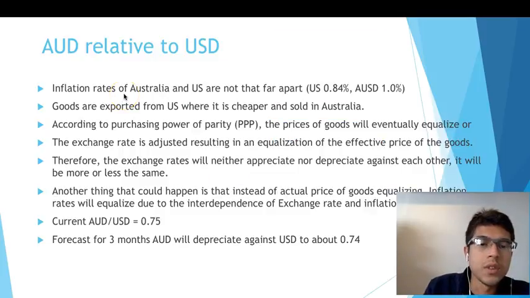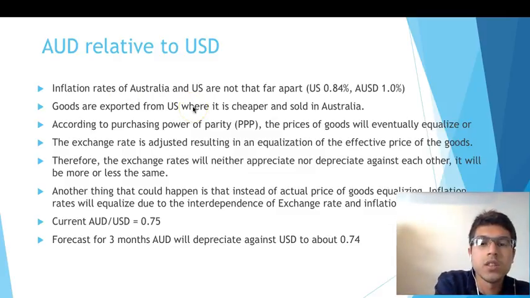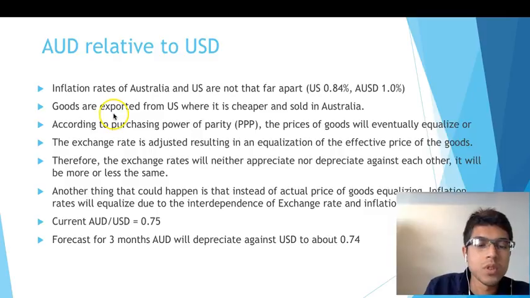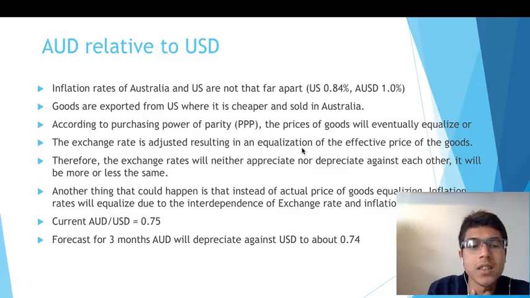And AUD relative to USD is not as far apart as USD compared to GBP. So goods are to be exported from the United States to Australia. But then according to purchasing power parity, the price of goods will eventually equalize. The exchange rate is adjusted, resulting in the equalization of the effective price of goods.